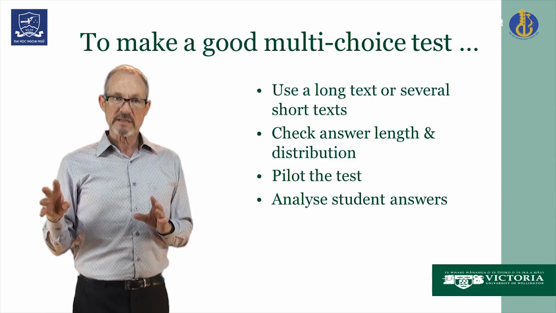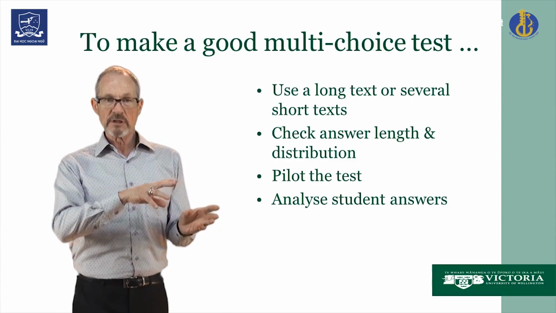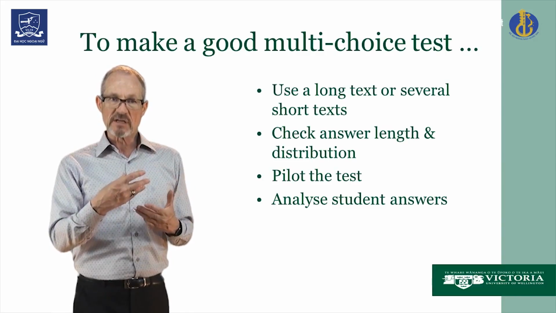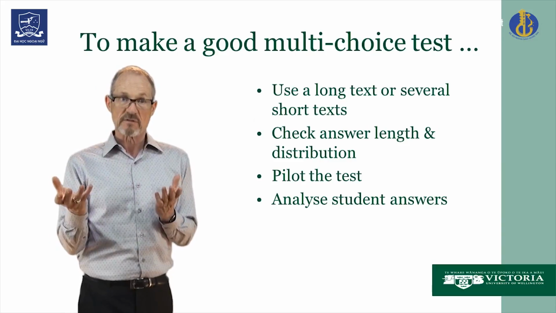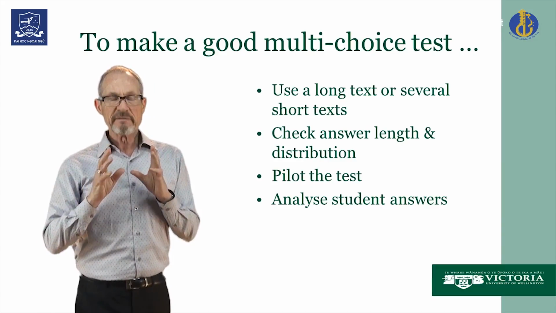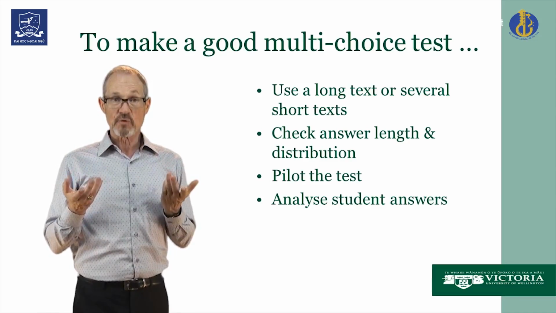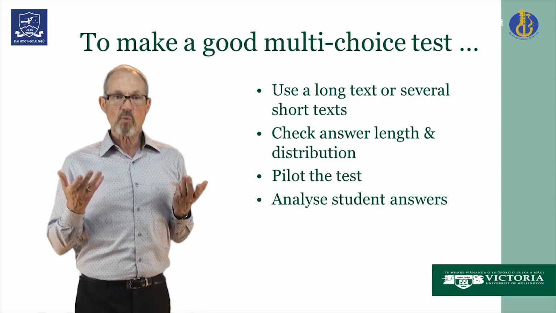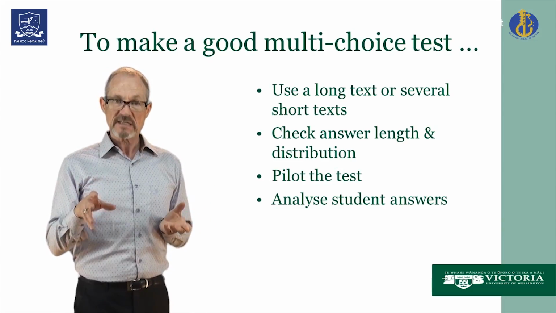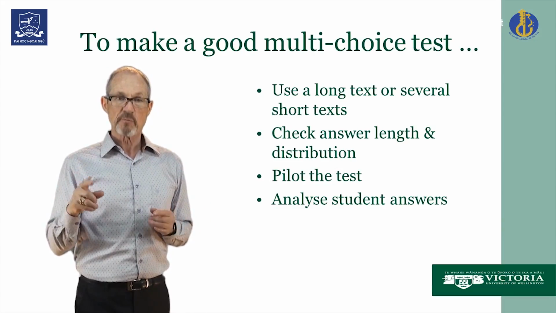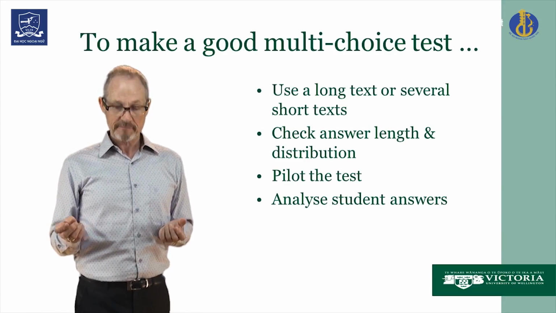So by checking to see if there are questions which everybody got right, or almost everyone got wrong, you can start to change the answers to weed out questions that don't work and to make better questions. But even if you're not planning to use it again, you should analyse it for yourself. It just makes you more aware of yourself as a test maker, so that next time you make a multi-choice question, perhaps you, as the teacher, will do a better job of making the test.